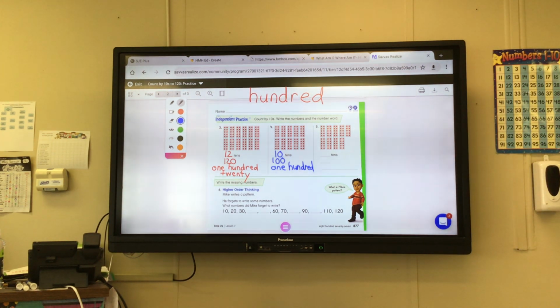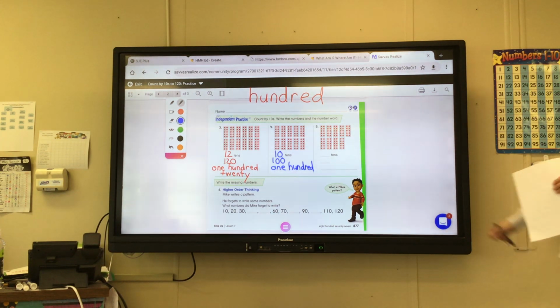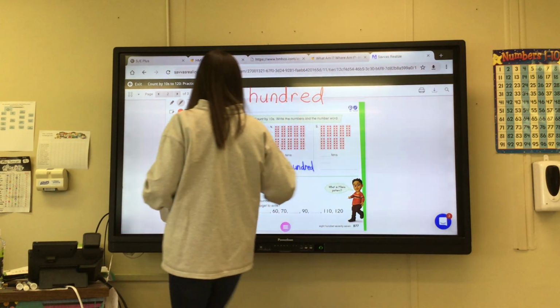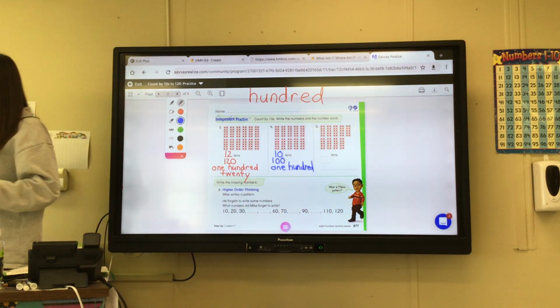While you wait for your friends, those who are finished, see if you could do number 5 on your own. At least count how many groups of 10 and write how many there are altogether. So write how many tens, how many there are altogether, and I'll help you with the number word.